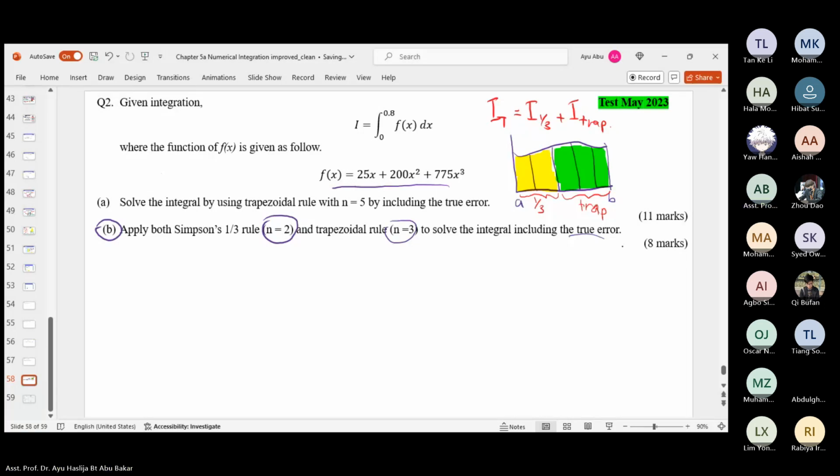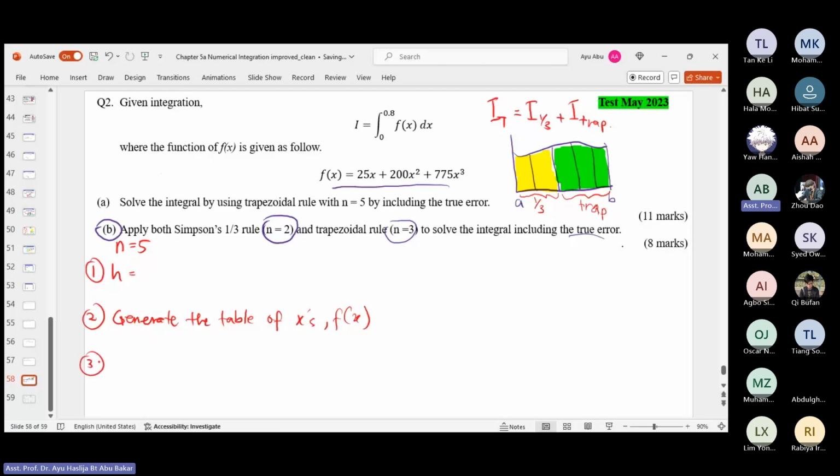Try first. N equals to 5. So first step is to find what is your h. Then generate the table of x and f(x). Lastly, you input into the required equation.